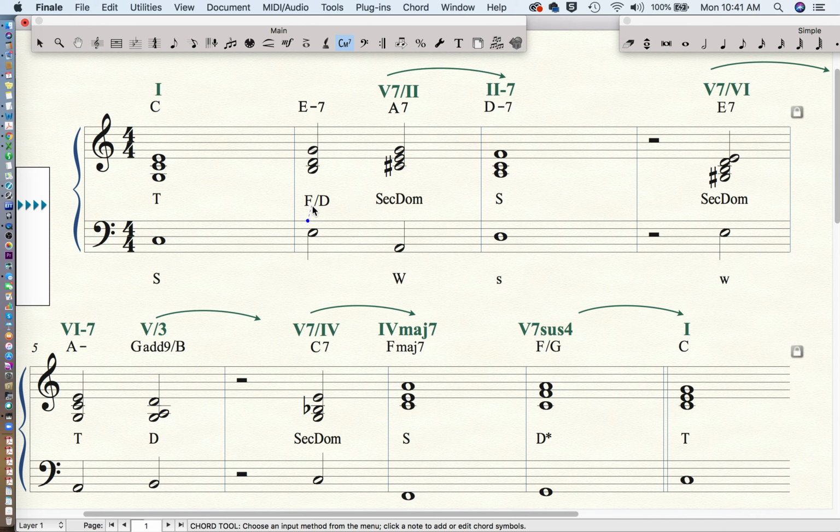Oh, wrong. Tonic and a related two. I wonder if that'll work. Is that gonna work? Oh boy. So, all right, tonic.